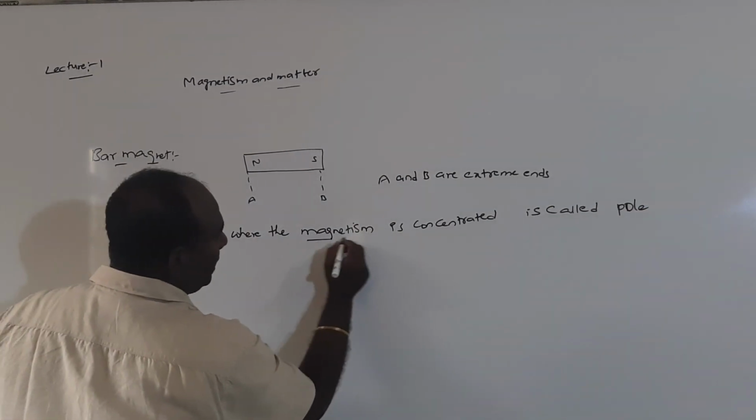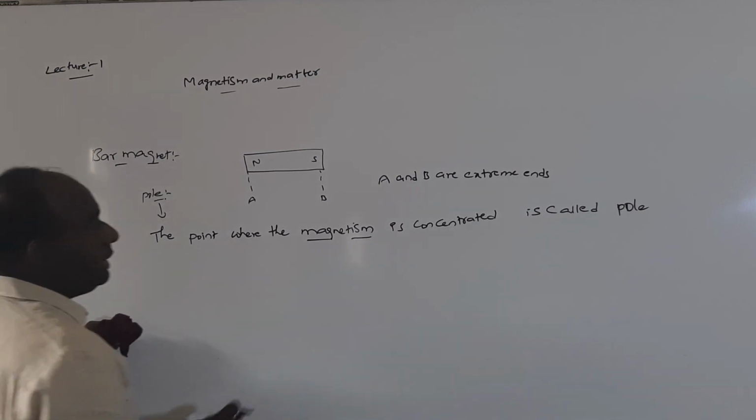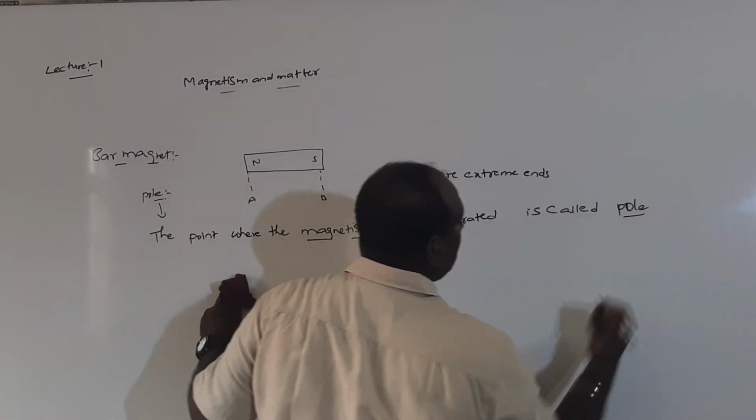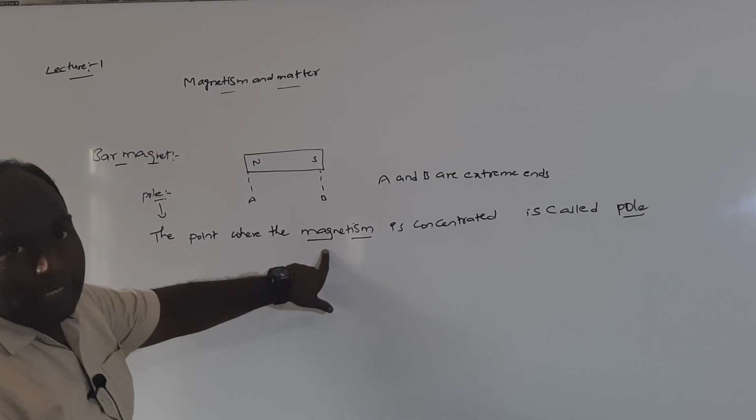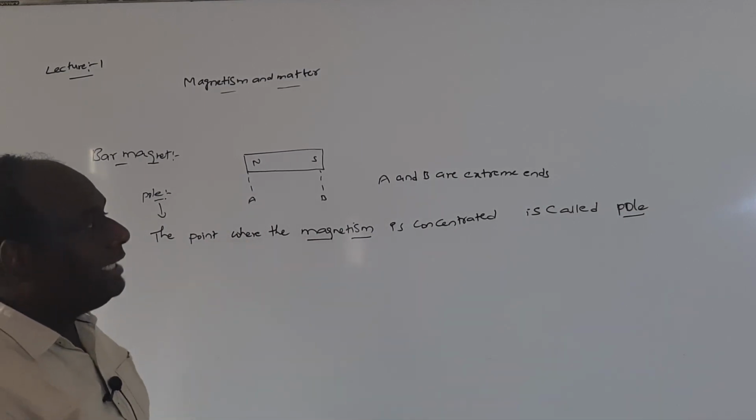What is meant by magnetism? The property of attracting or repelling other species is known as magnetism. The point where the magnetism is more is known as pole.